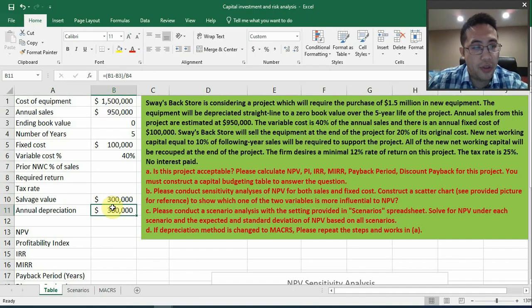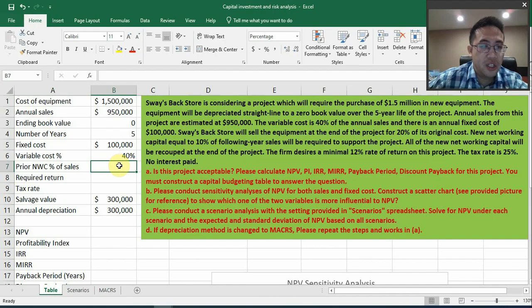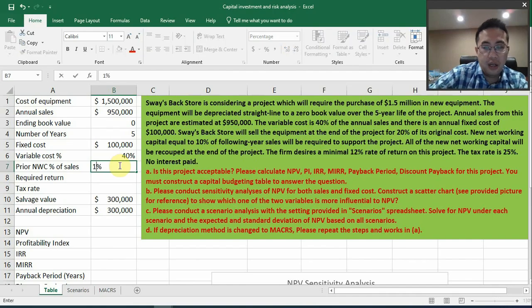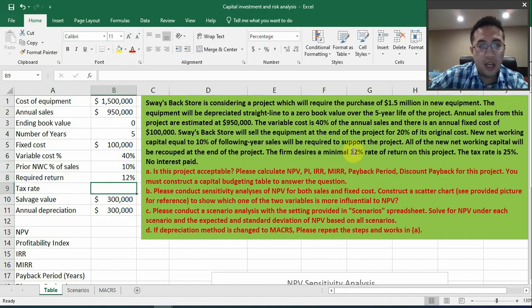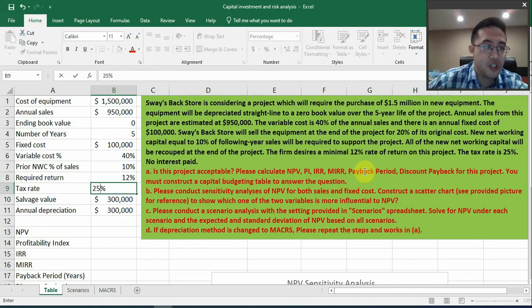That's another 300,000. It also tells you that the new net working capital equals 10% of the following year's sales. The required rate of return here is 12%, and the tax rate is 25%.